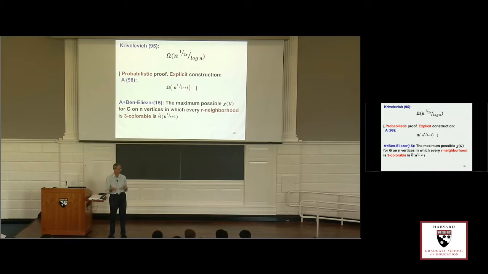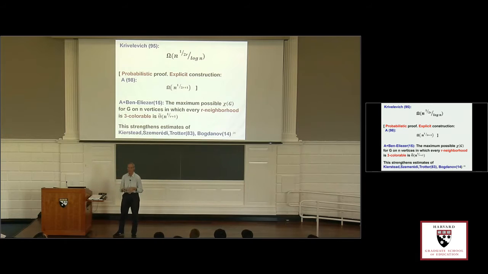You don't see an odd cycle. So you can change this and ask what happens if you have a graph on N vertices in which every r-neighborhood is 3-colorable. So instead of 2, I want it to be 3-colorable. How large can the global chromatic number be? And then it is possible to show that, up to logarithmic factors, in that case the answer is really n to the 1 over r plus 1.